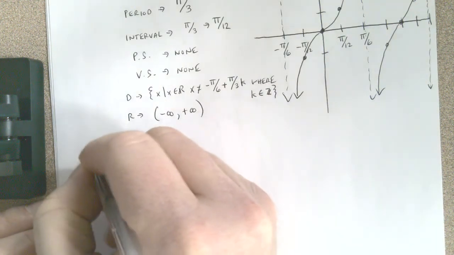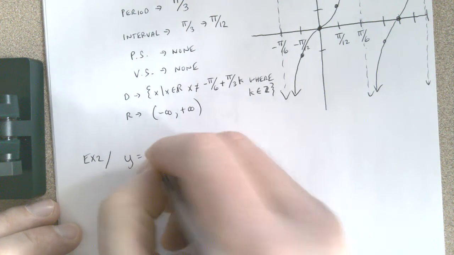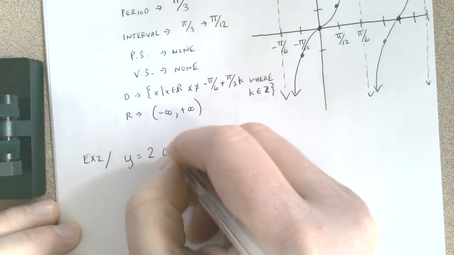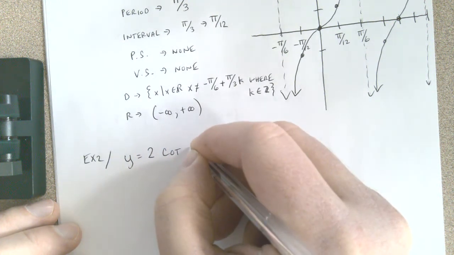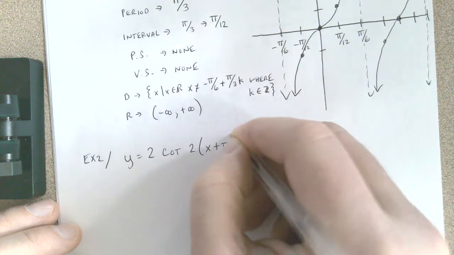So example 2, I'm going to say y equals 2 cotangent of 2, and then let's go x plus pi in the parentheses.